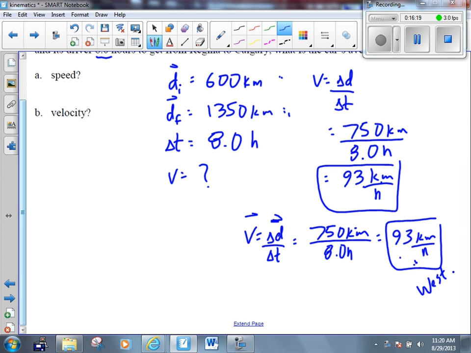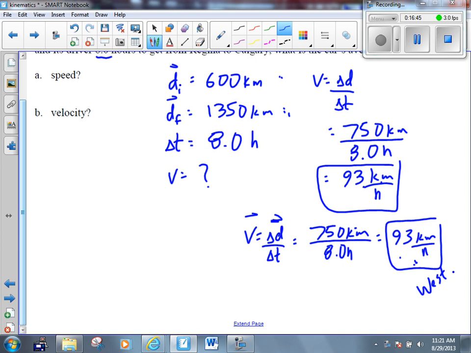Now remember one other thing that we said yesterday. We said that distance and displacement are always going to be the exact same value until we change direction. When I drove from Regina to Calgary, I went in a straight line. Okay, literally almost a straight line from Regina to Calgary. I think there was a hill somewhere west of Medicine Hat. Other than that, you could pretty much see Regina from Calgary, just about.